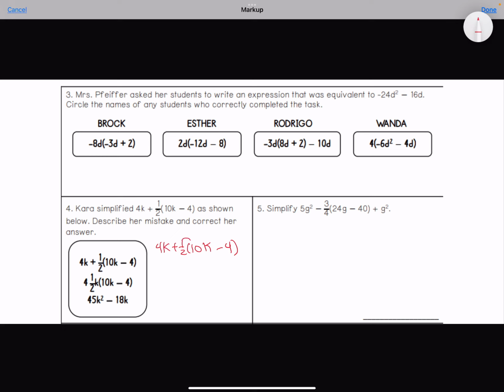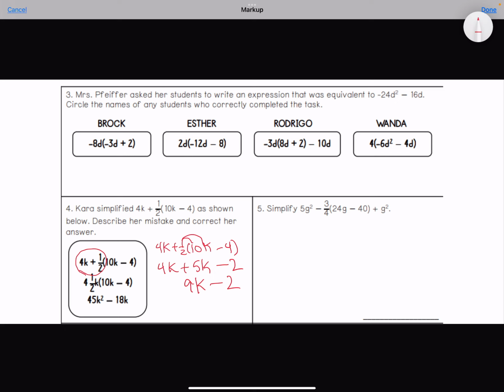We distribute first. So I should have 4k plus 5k minus 2. What she did was she added before she multiplied. You have to distribute first. So the correct answer should have been 9k minus 2.